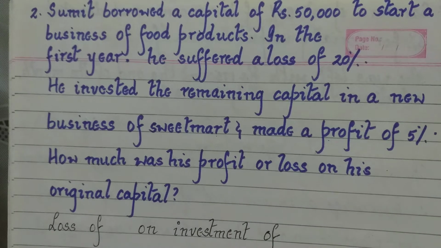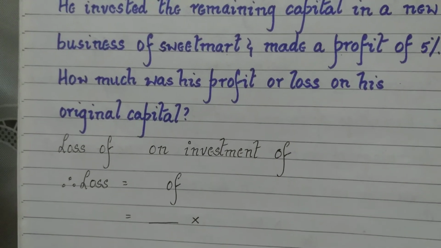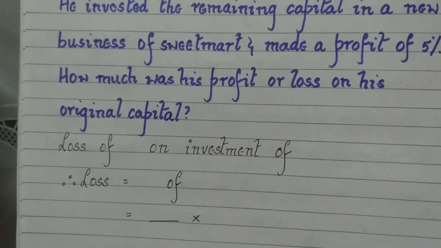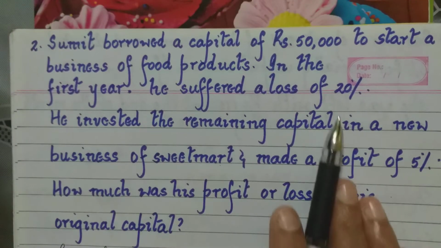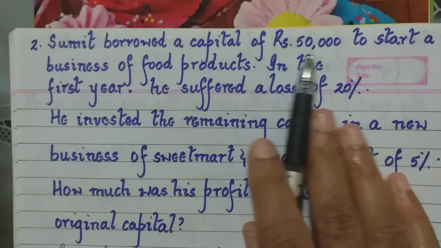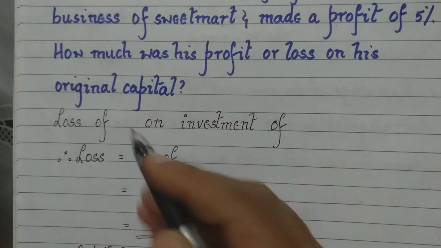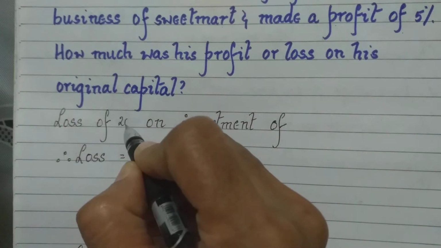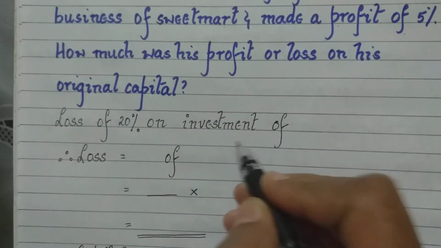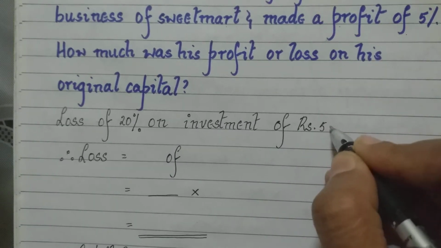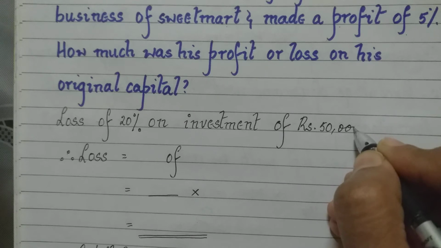So let us start on the sum. First one, they have said that there is a loss of 20% on the capital of rupees 50,000. So we write loss of 20% on investment of rupees 50,000.